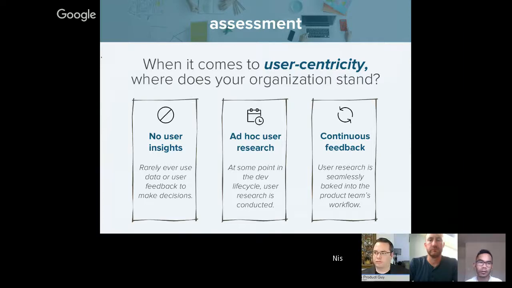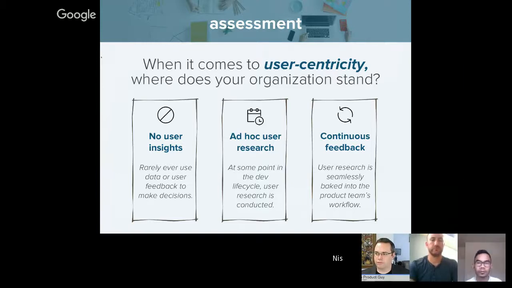So you identify a couple decisions that you need to make, or you have a few development sprints upcoming, you don't know what to build yet, and you say, okay, let's figure out now how to do some user research and get some data. And then all the way to the most extreme on the right is getting continuous feedback and having a real process and a real cadence for always getting user information and baking that into your product team's workflow. So it's really important to think about where you are as a product team and where your organization is with regard to this.